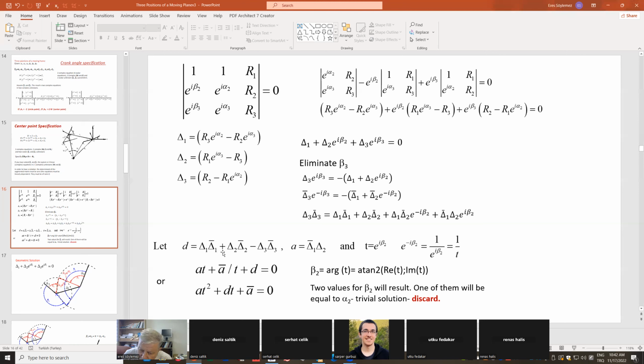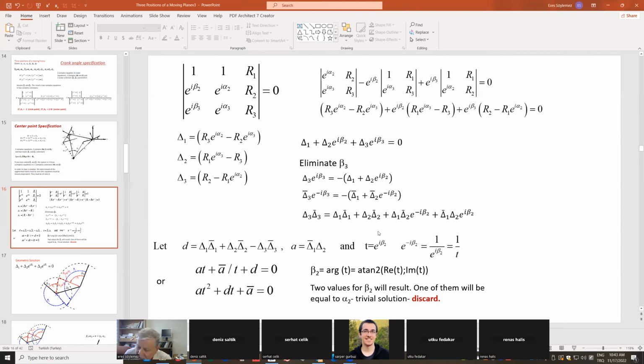So for delta 1 bar delta 1, delta 2 bar delta 2, minus delta 3 bar delta 3, you will end up with a constant term D, because all these terms are known. Whereas delta 1 bar delta 2 will be equal to A, a complex number. Delta 1 delta 2 bar, the complex conjugate of A, A bar, will be equal to delta 1 delta 2 bar.